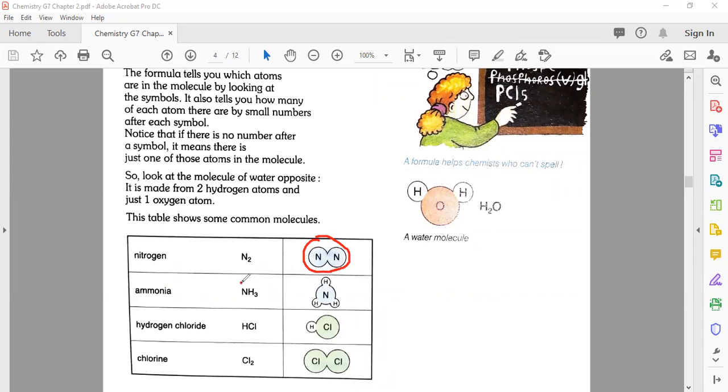During the formation of ammonia, NH3, 1 nitrogen makes a bond with 3 hydrogen atoms like this. That is the chemical formula of ammonia, NH3.